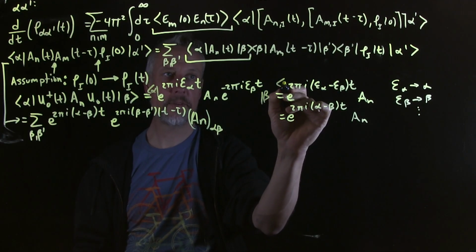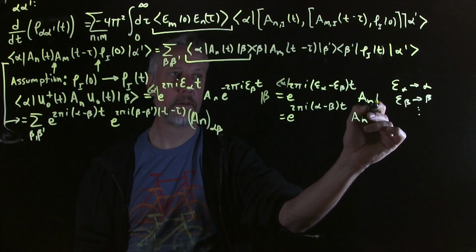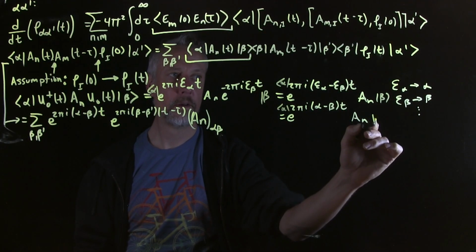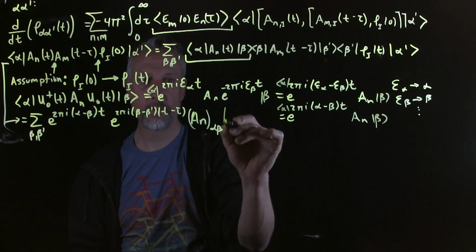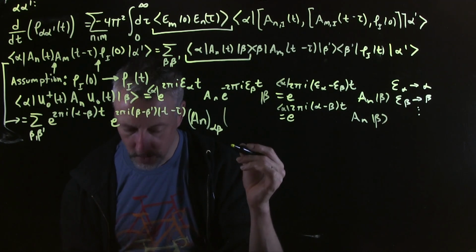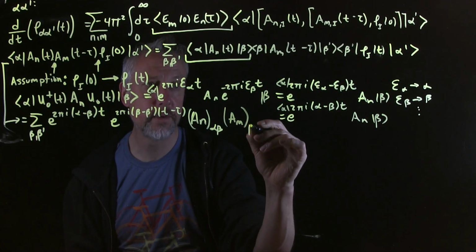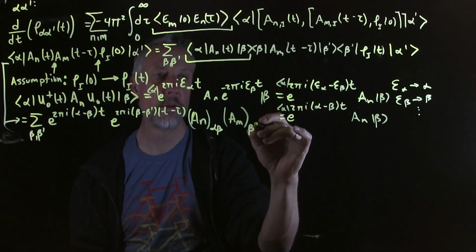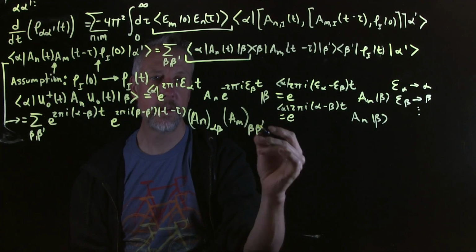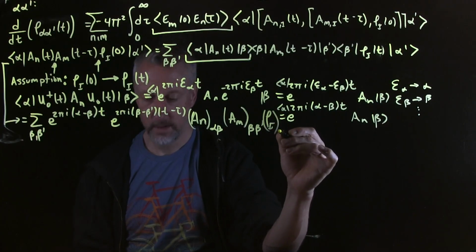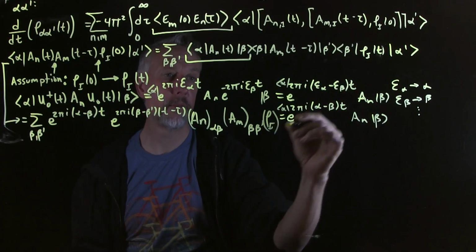I was so excited about the exponentials I forgot about the actual vectors. There we go. Now that's better. Maybe you noticed that and that was driving you nuts. Hopefully you're okay now. Beta primed, right? Beta primed, and then rho I, which we can just leave like that. And that is in the beta primed alpha primed.